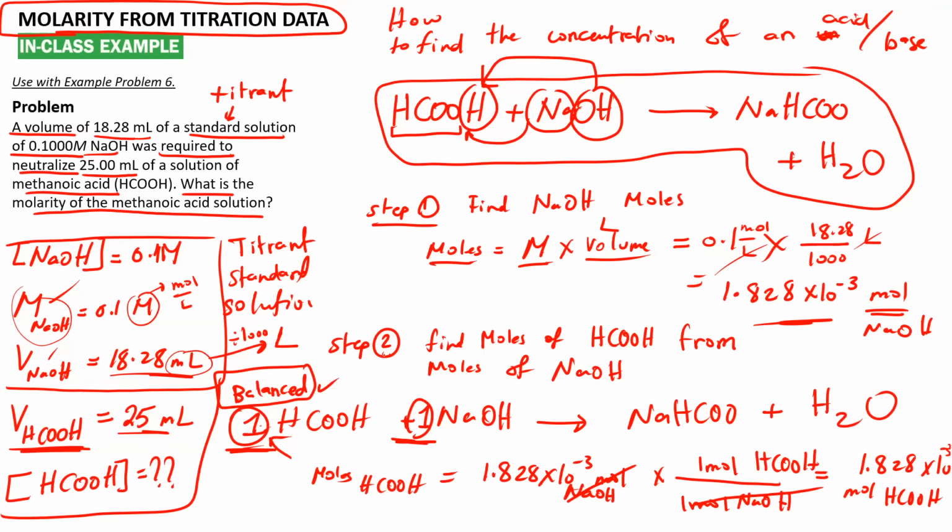Okay? Step number 2, we use the equation to find the moles of the one we don't know. Which one don't we know? The concentration of HCOOH, right? So we'll find the moles from the moles of NaOH. We use the equation and look at the coefficients. We multiply the moles we found by the ratio between the coefficients. The equation must be balanced. So it is 1 mole of HCOOH over 1 mole of NaOH, and it gives me this number.